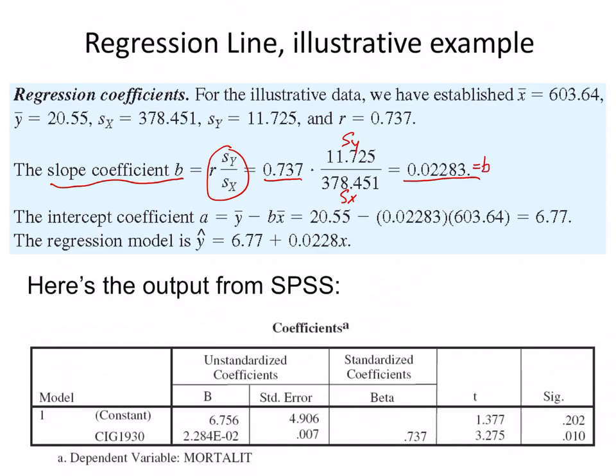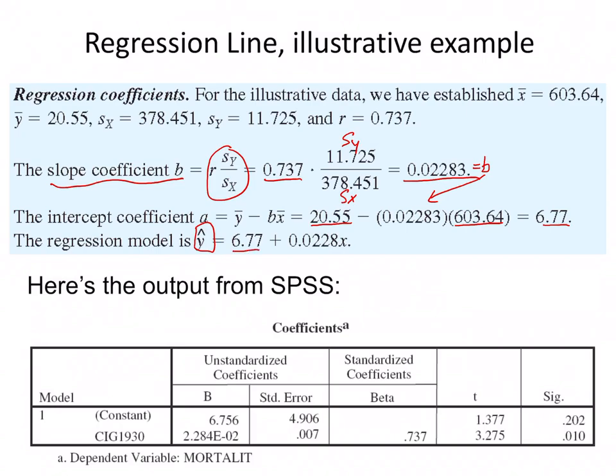Remember, that's going to equal your b. And the intercept coefficient a is equal to y bar minus b times x bar, which equals 20.55 minus 0.02283 times your x bar, and you're going to get a value of 6.77.